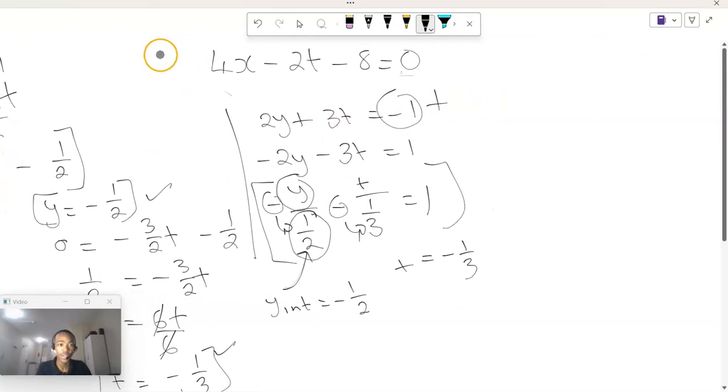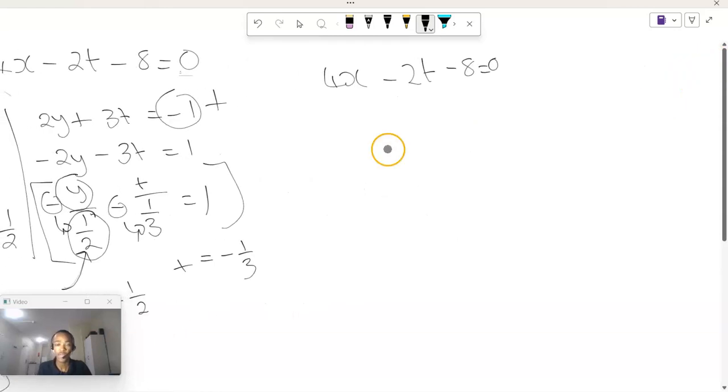Then if you look at number 2, we basically have 4x minus 2t minus 8 is equal to 0. Here you can see that we have 2, which is common in all these terms, so I can divide everything by 2.